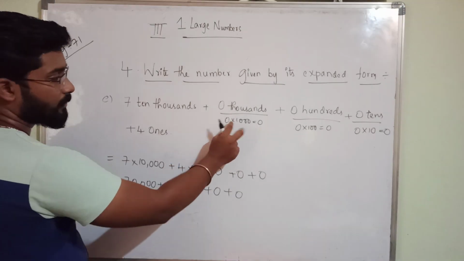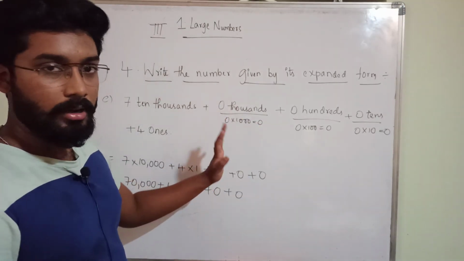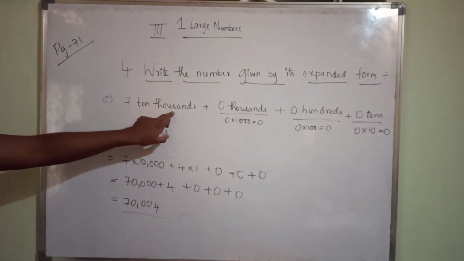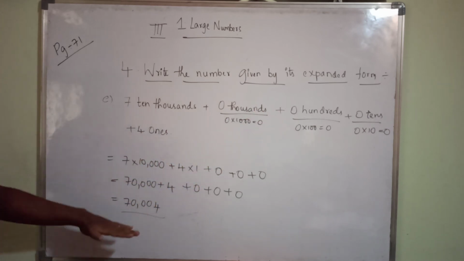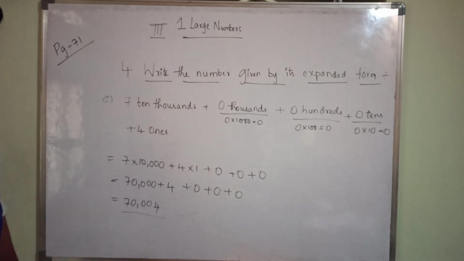For example, 0 thousands means 0 into 1000, which is 0, so no need to add this. Like that we have to do. What is the final answer? 7 into 10,000 means 70,000. All are zeros except 4 into 1s, so you will get 4 in the ones place. 70,004 is the answer. That's all.